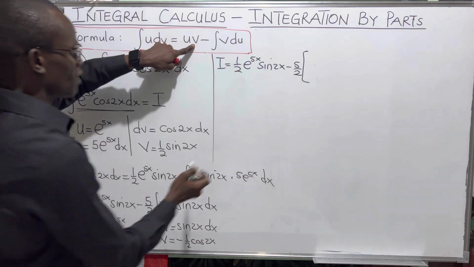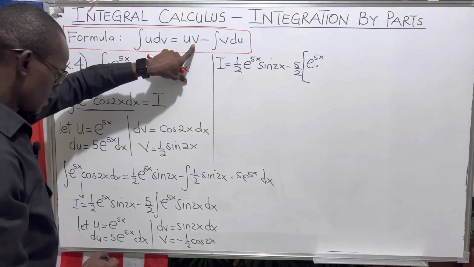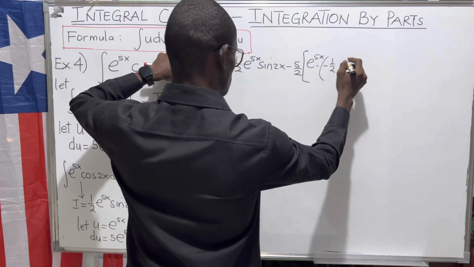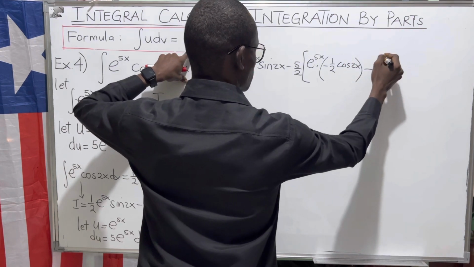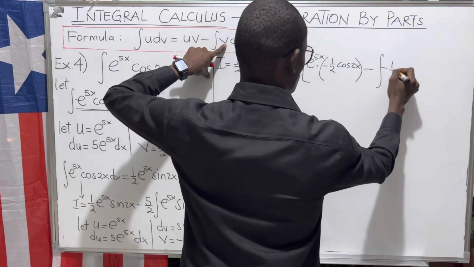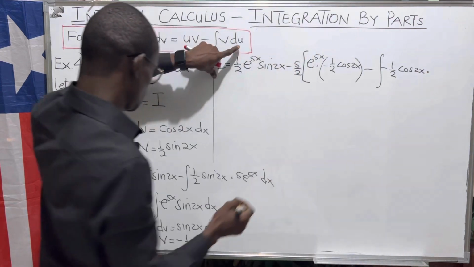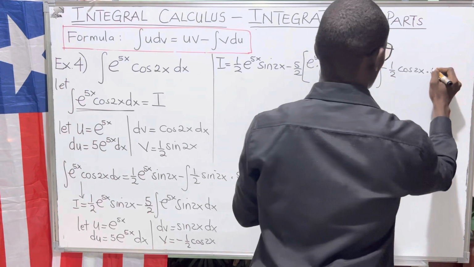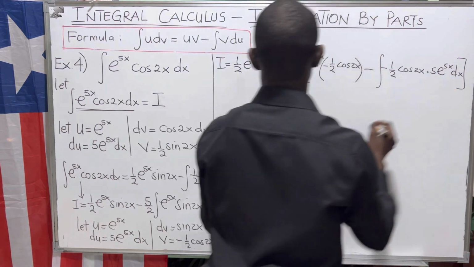My u is e raised to the power 5x times v, which is minus 1 over 2 cos of 2x, minus the integral of v, minus 1 over 2 cos of 2x, times du. Du is just 5 e raised to the power 5x dx.